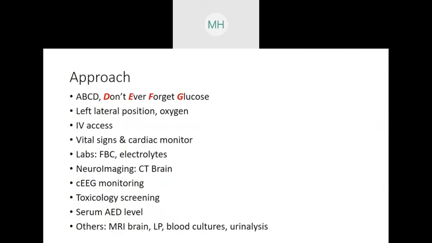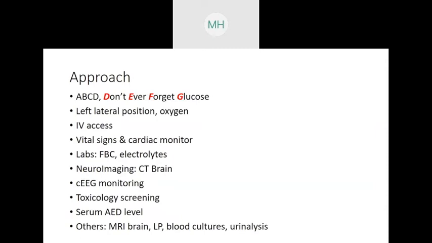Continuous vital signs monitoring, do some bedside investigation for blood count and electrolytes, and on a case to case basis, maybe a CT brain is indicated. And as I said in the previous slide, ideally continuous EEG monitoring is better in terms of diagnosing the status, as well as monitoring the treatment given.